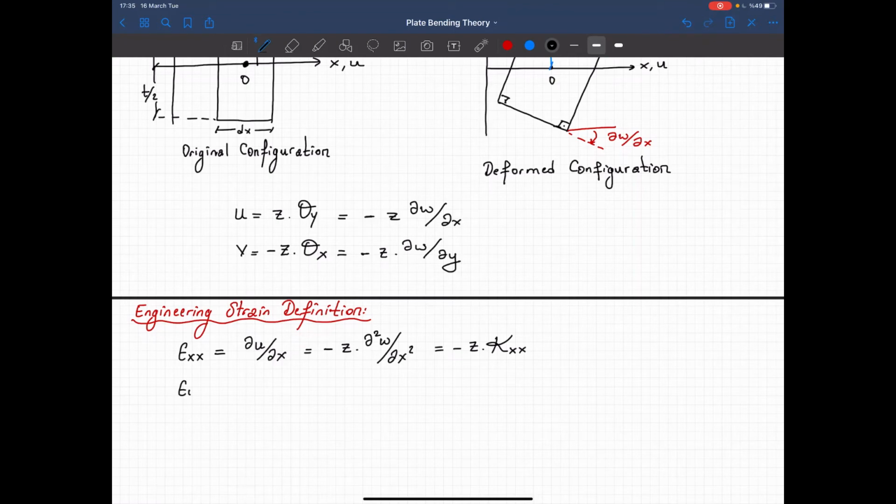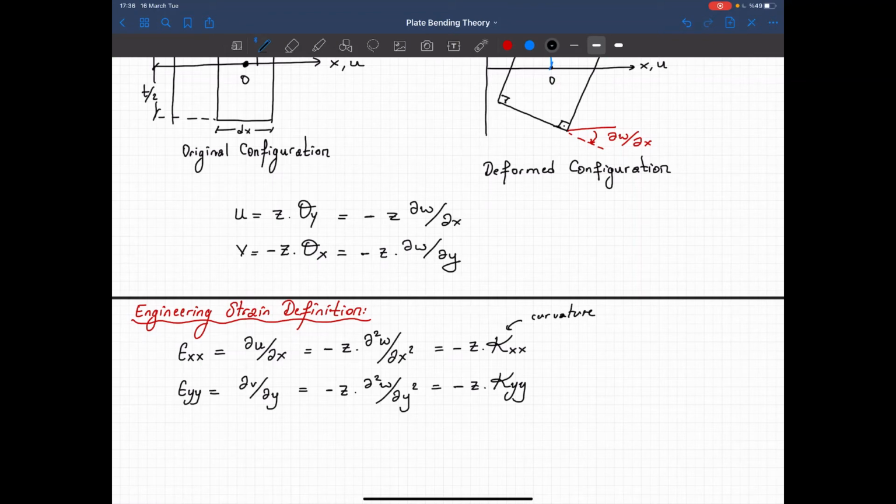Now epsilon yy is equal to del v over del y, and that's equal to, again, minus z times del square w over del y square, which gives me minus z times curvature yy. So this represents the curvatures.